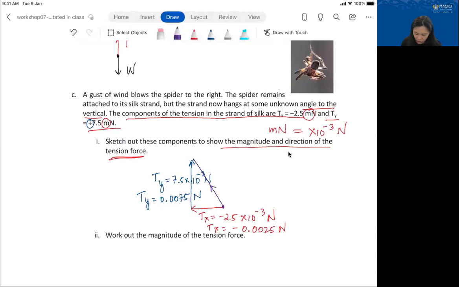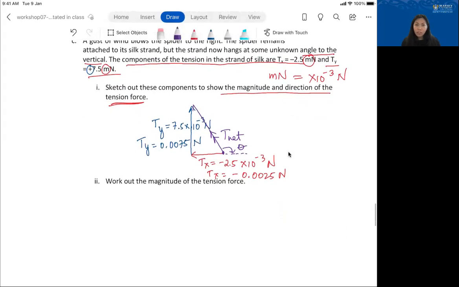So this will be your net tension force, the diagonal side of the right angle triangle. Right, and your angle will be measured with respect to the positive x-axis.